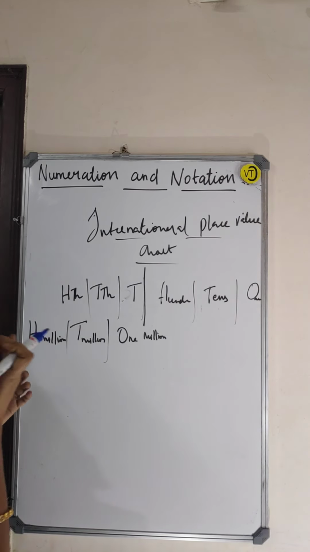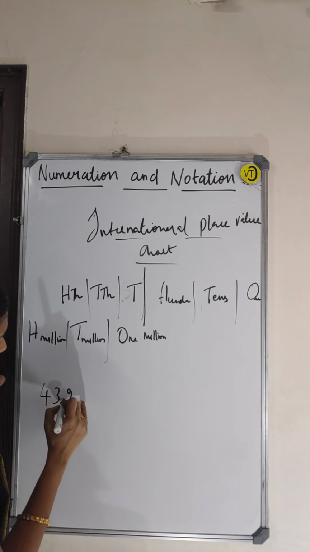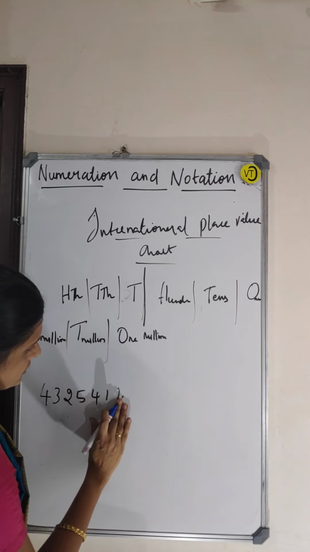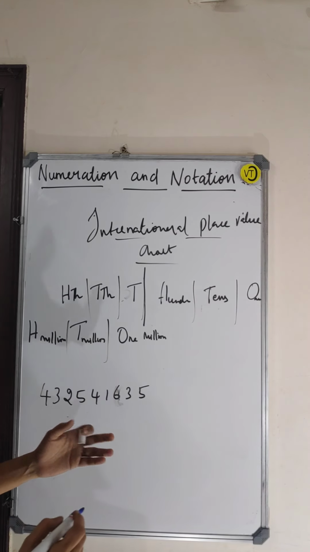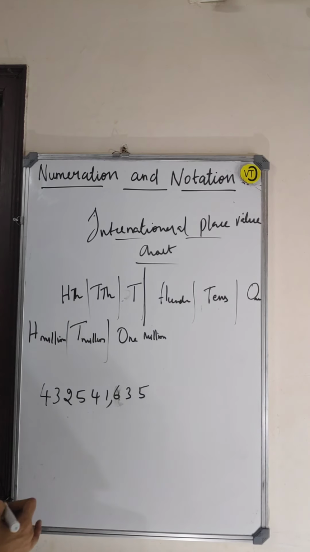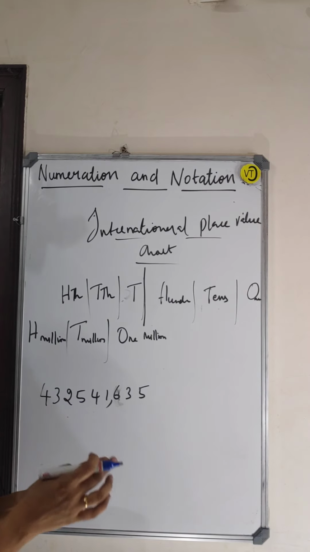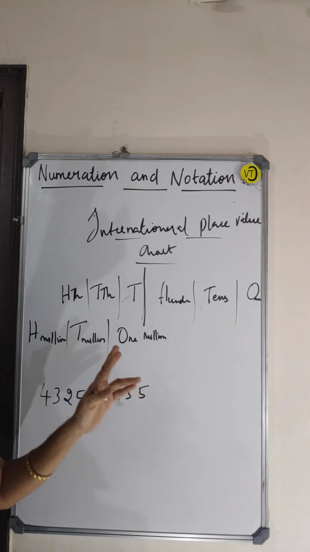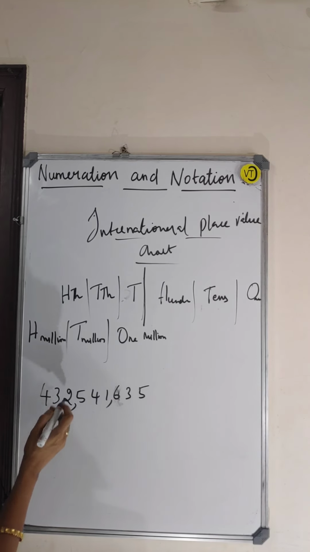And in the international system, the periods are also different. See, 4, 3, 2, 5, 4, 1, 6, 3, 5. How will they place the commas? First 3. In our Indian system, we did next 2, next 2, next 2. But not like that. In the international system, it is 3, then next 3, next 3.